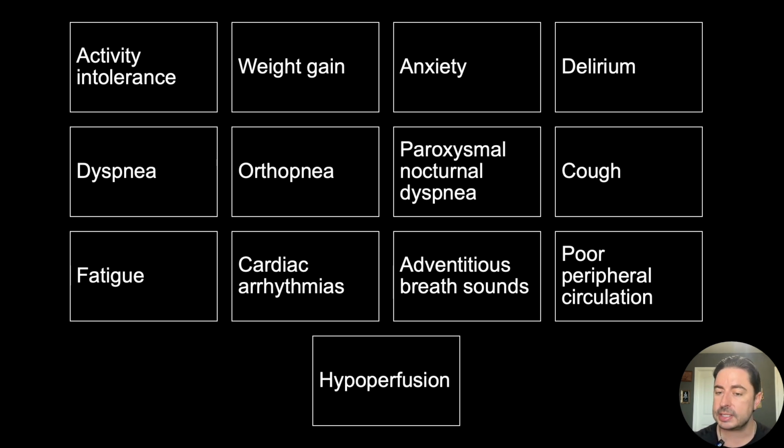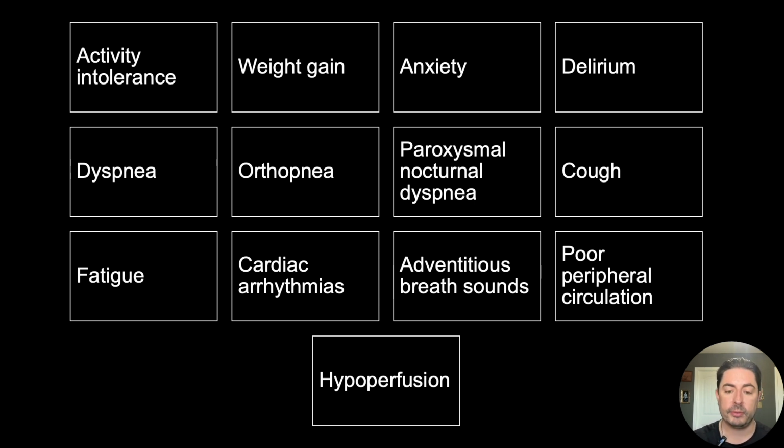Paroxysmal nocturnal dyspnea. This is whenever a patient is starting to fall asleep or has been asleep for a couple of hours, and they wake up short of breath. A cough, fatigue. They can have cardiac arrhythmias. They'll have adventitious breath sounds. Most likely these could be like a cardiac wheeze, or you could hear fine crackles. You'll have poor peripheral circulation, hypoperfusion.